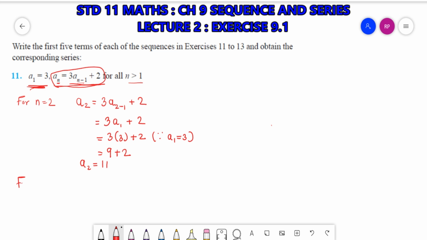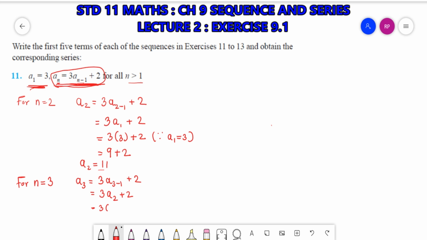Now for n equal to 3, I need to find a3. Using again the same formula, 3 into a(n minus 1), here it will be 3 into a(3 minus 1) plus 2, that is 3 a2 plus 2. We had already found a2, which is equal to 11.